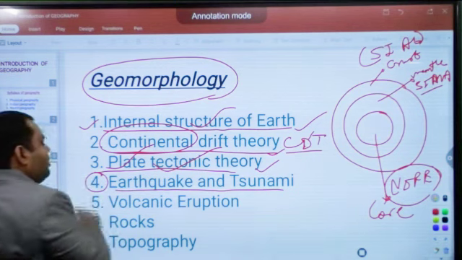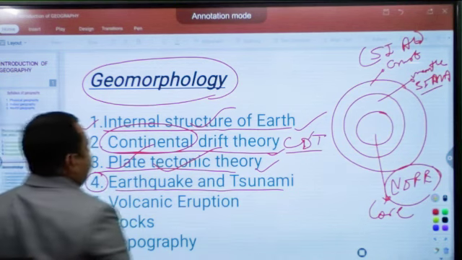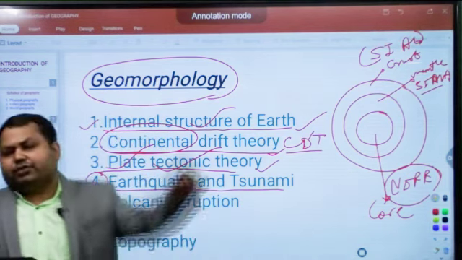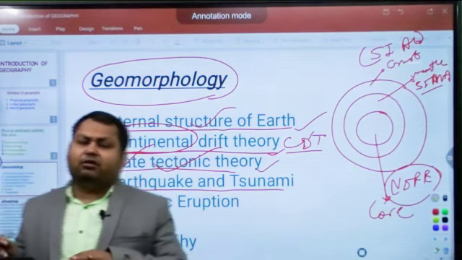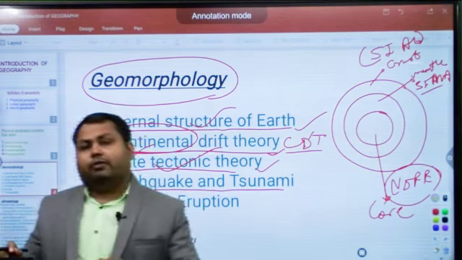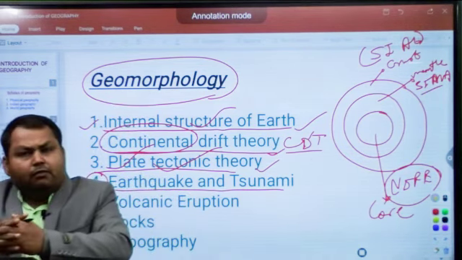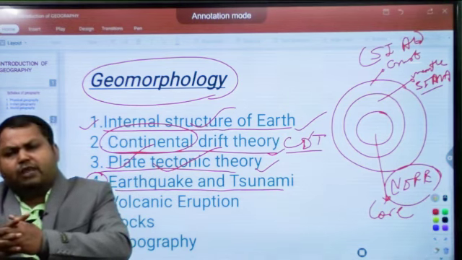So, if we talk about earthquakes and tsunamis, how plate tectonics is capable of explaining them, first of all, we must know the definition of earthquake. What is the earthquake?